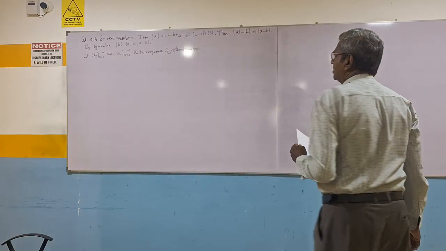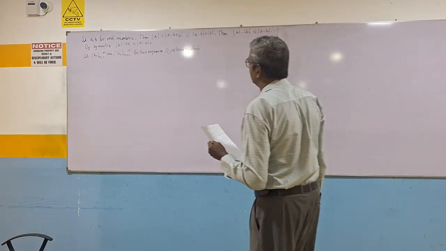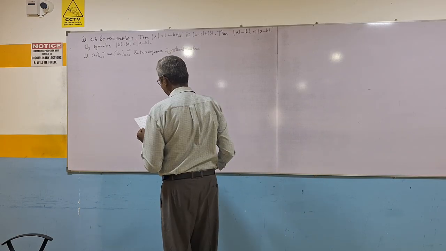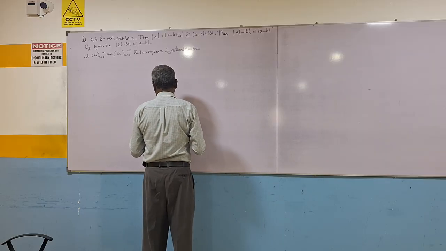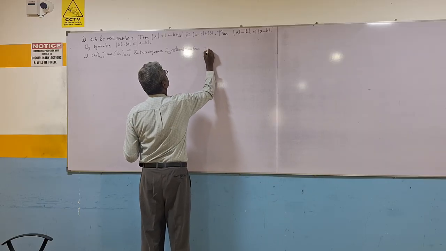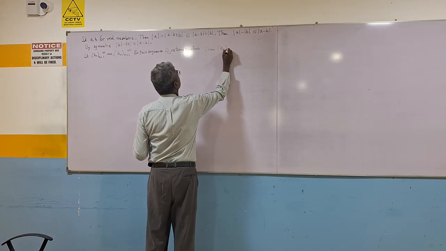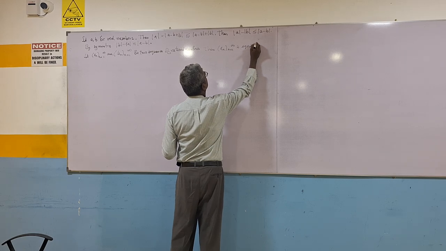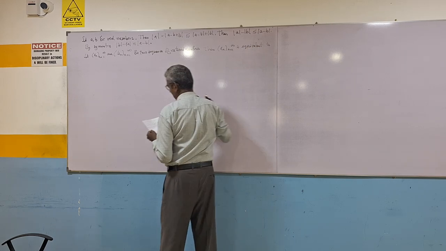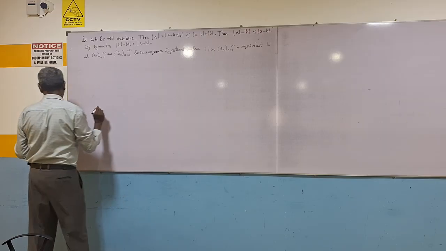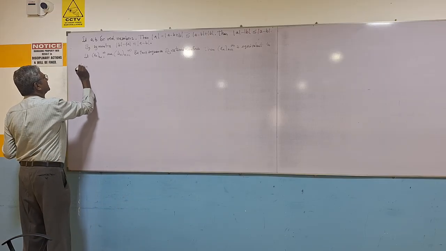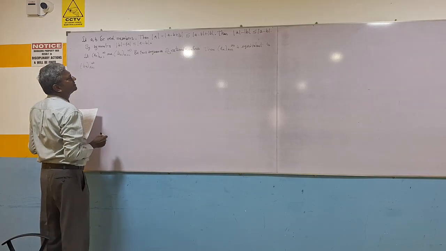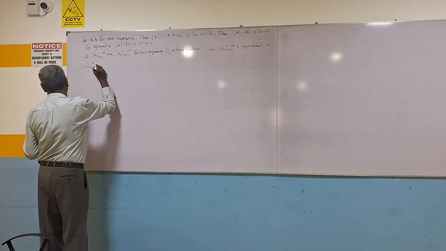Because always, let a_n and b_n be two sequences of rational numbers. Then a_n is equivalent to, according to him, b_n. Actually, this is not how he writes. A and B are equivalent, doesn't matter.